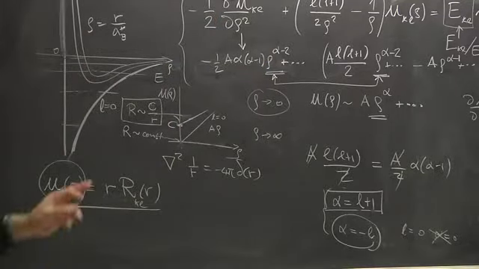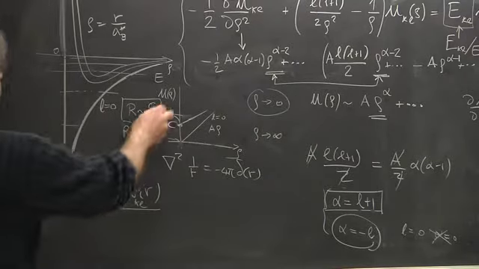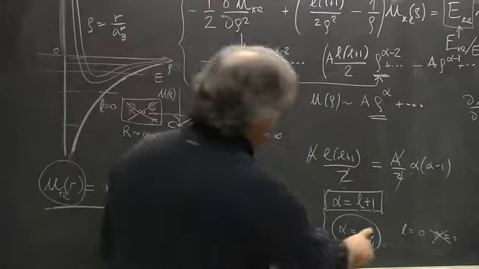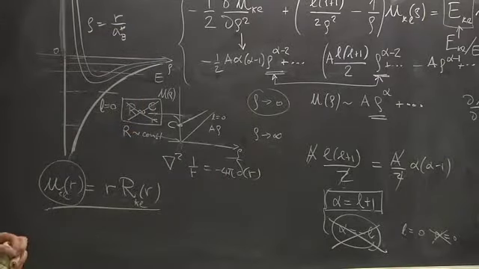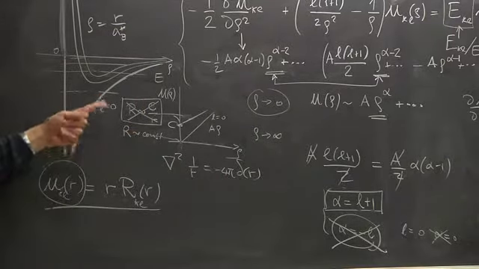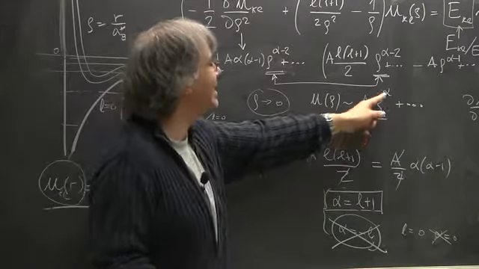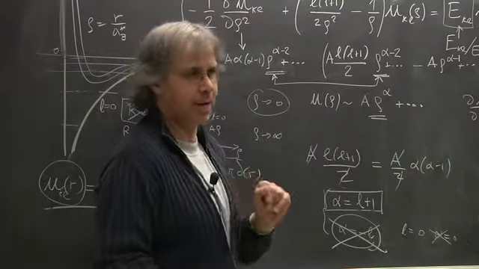So 1 over r for the radial function is not good. Eliminate it, which means also that this should always be eliminated. So the functions actually have to start from 0 at least linearly.